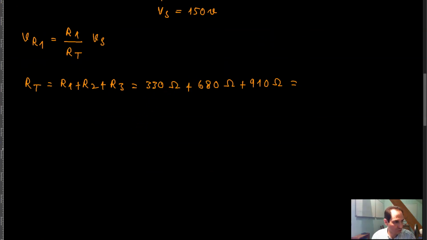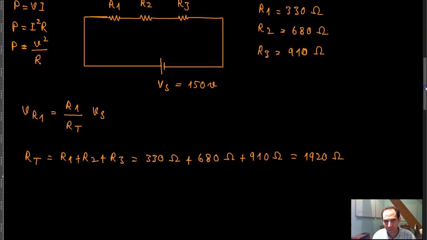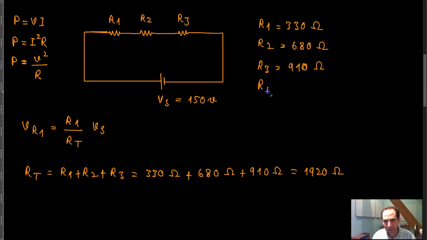which is the same thing as, let me use a calculator, 330 plus 680 plus 910, that's equal to 1920 ohms. So R of T is equal to 1920 ohms, right?